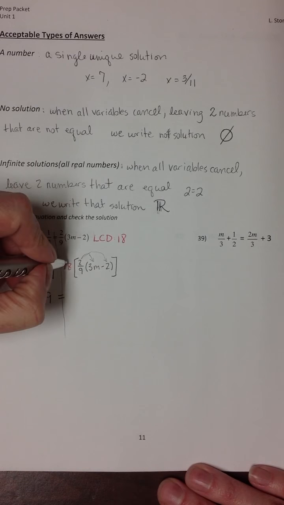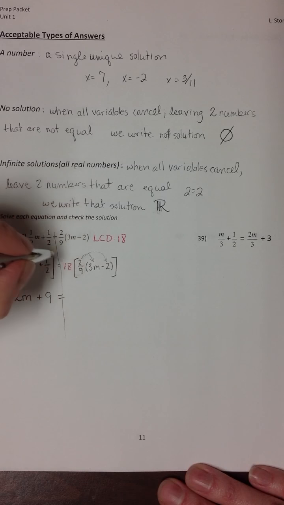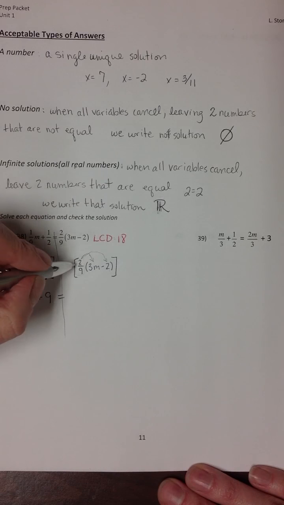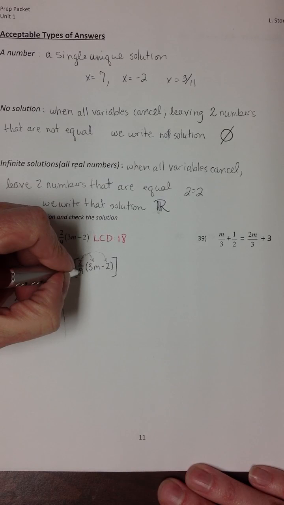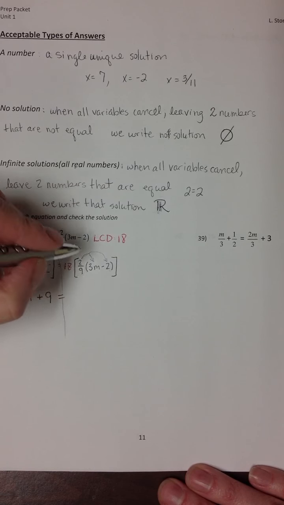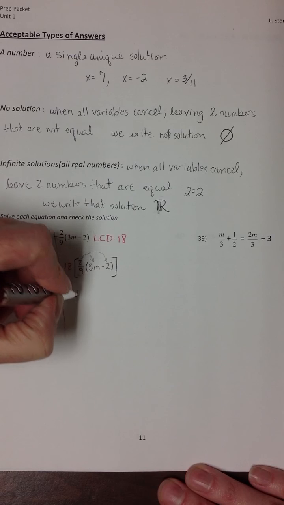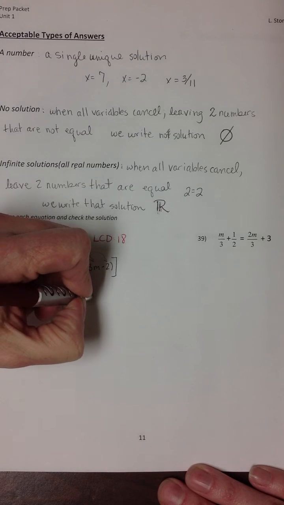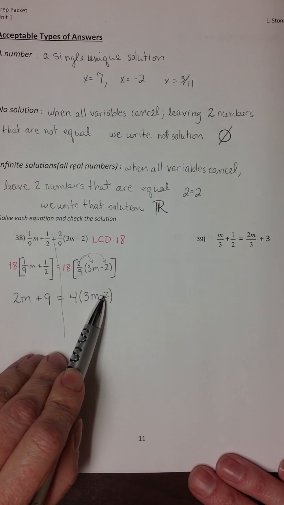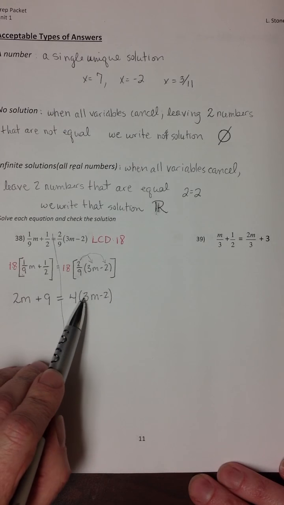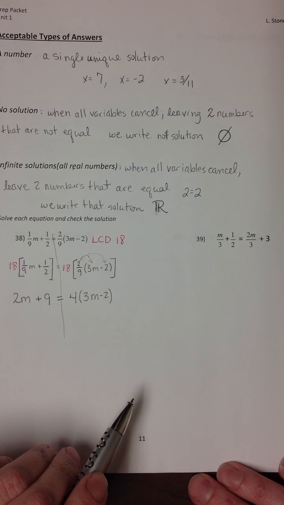So we only need to multiply the 2/9 times 18 on our left side. So once again, 18 times 2/9 is going to give us 36 over 9, which will reduce to 4. That we're then going to multiply our 4 times the 3m minus 2.